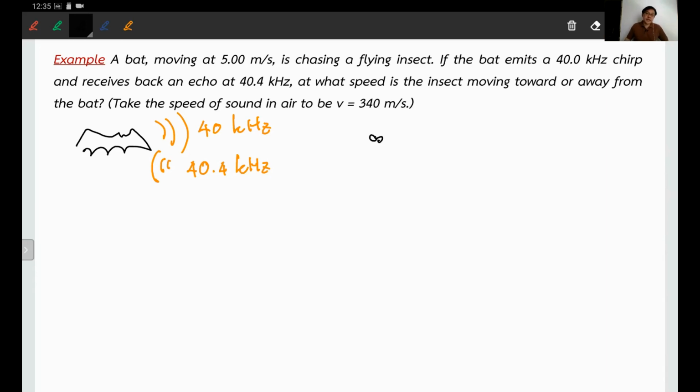Now, at what speed is the insect moving toward or away from the bat? Take the speed of sound to be 340. All right, so that's given. Okay, so let me write the speed of the bat to be 5 meters per second. Okay, how would you approach this, guys? What do you think?